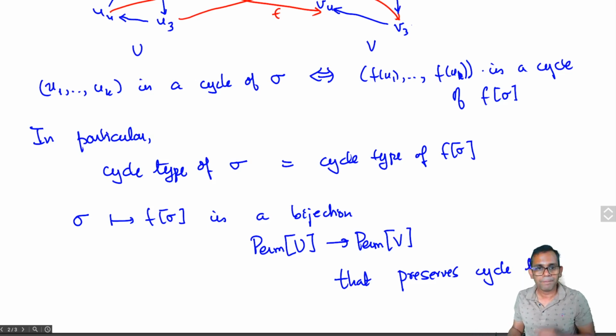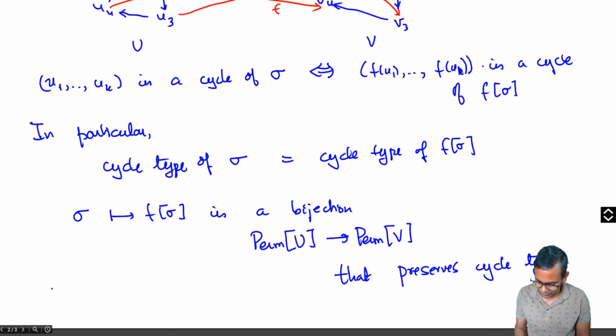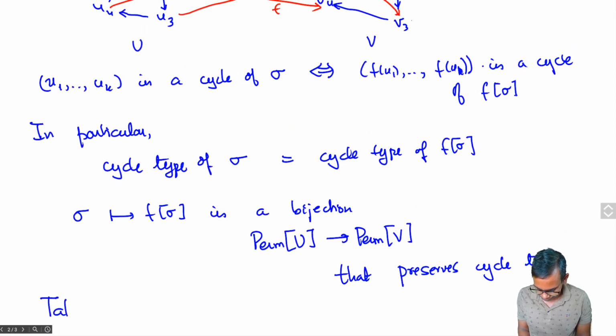So in particular, what this says is that if we study permutations of one finite set U, we are in some sense also studying permutations of any finite set V which is in bijection with U. So for each cardinality, we only need to take one set of size n. So let's take the set U to be our favorite set of size n, namely the set of integers from 1 to n.